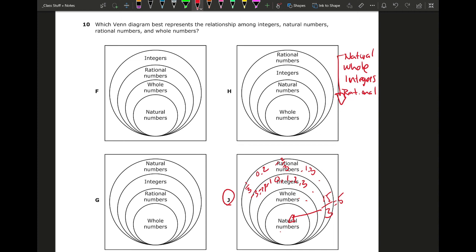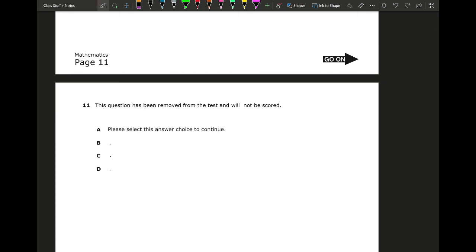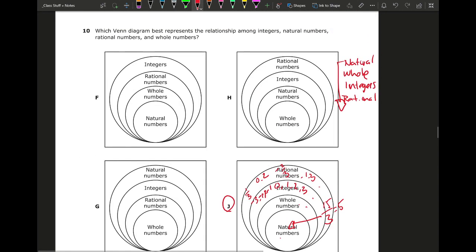I think this is the last one for today, because it said 11. The answer was removed. However, if you picked A for that one, that wouldn't be the correct answer. So again, you start with the natural numbers, no 0, only 1, 2, 3, 4, 5. Whole numbers include the natural numbers, and you add the 0. 0, 1, 2, 3, 4, 5, 6. Then you have the integers. You can add negatives to that. No decimals, no fractions.